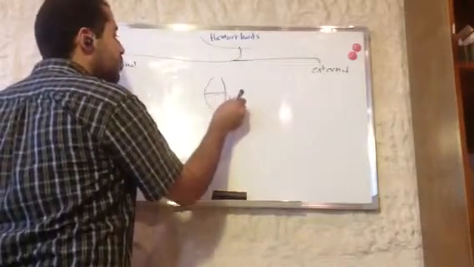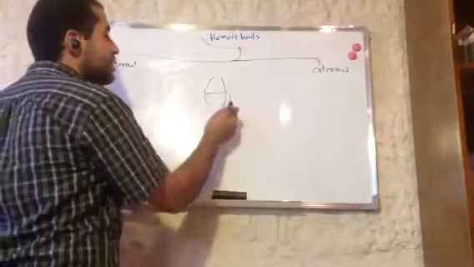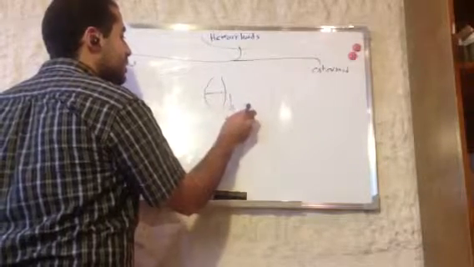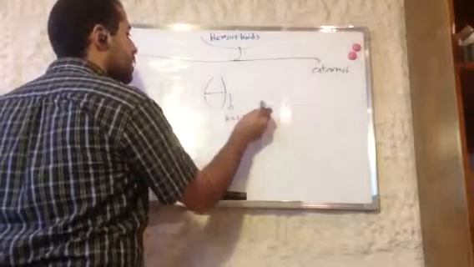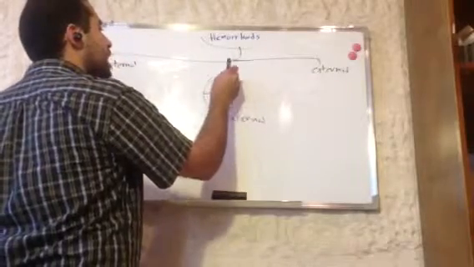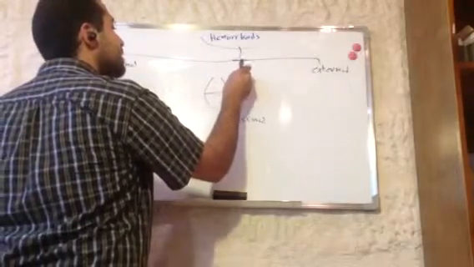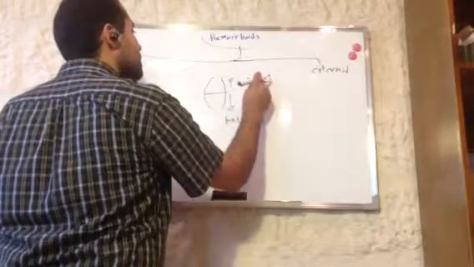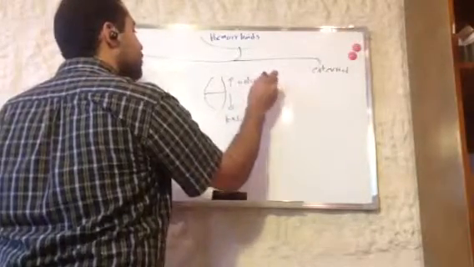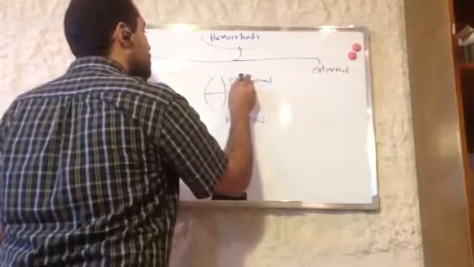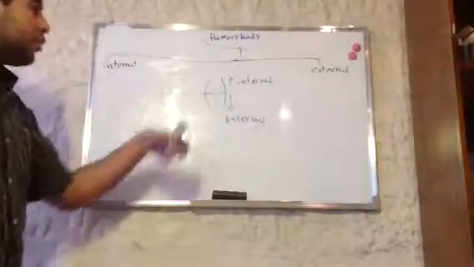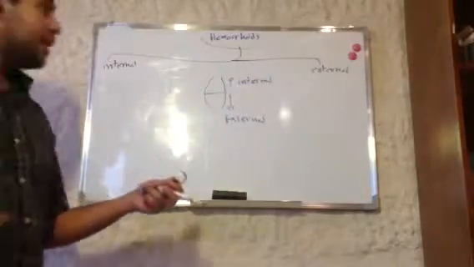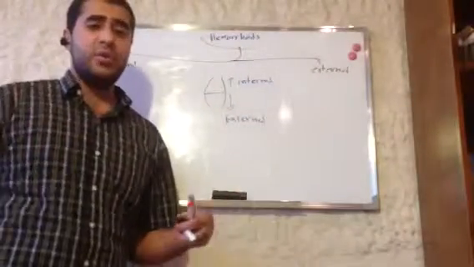Below this line we will have the external hemorrhoid, and above this line we will have the internal hemorrhoids. Sorry for the bad font. So below the anorectal line we have external hemorrhoid, above the anorectal line we have the internal hemorrhoid.